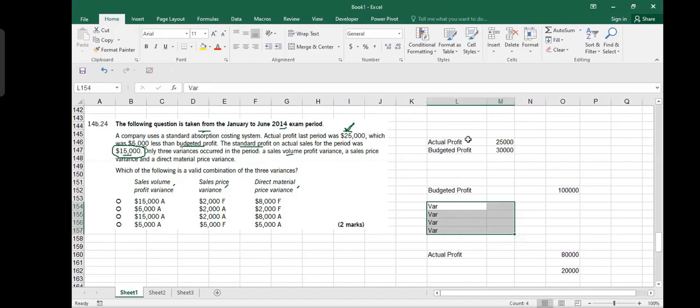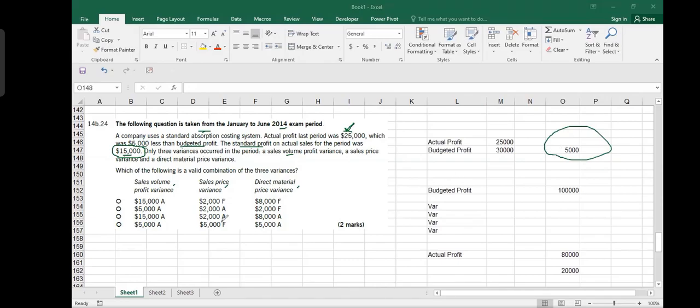Now, in our example, actual is 25, budgeted was 30. So there is a difference of 5,000. So all the variances, because they said that these are the only three variances, there is no other variance. So the sum total of these three variances should be 5,000. This is first you should understand.